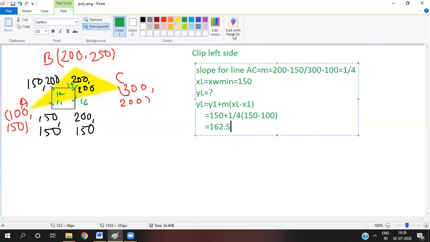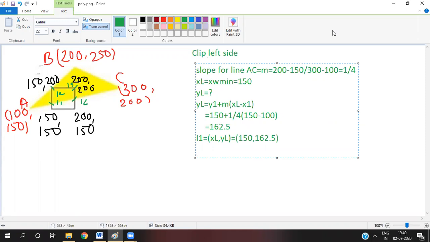So I1 is equal to XL comma YL, which is equal to 150 comma 162.5.